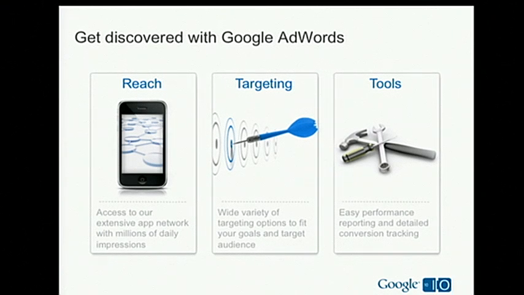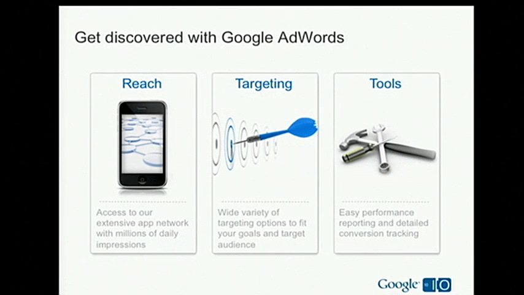Fortunately, Google knows a little bit about the online advertising business, and we've taken this to mobile. And there are some powerful capabilities we can offer you. The first is reach. Across all of our ad networks, be they search or content, we can reach consumers and users wherever you need to. The second is targeting.